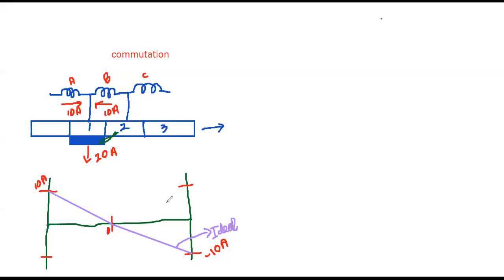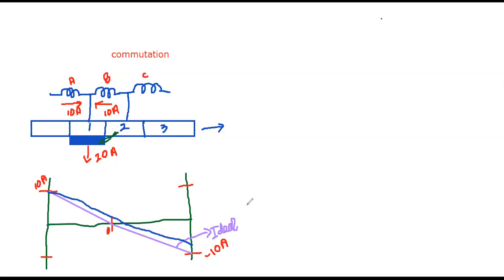And coming back to our under commutation, for these things we definitely have to use different colors so that we can get a better idea with the graph. Under commutation means the time consumption will be less. The time consumption for the reversal of the current will be less.